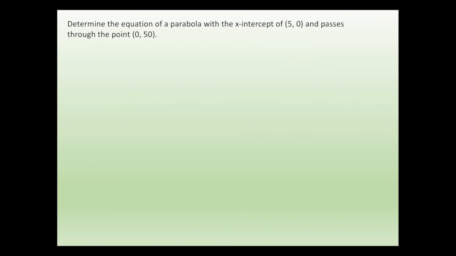One last example, this time no graphs. You're supposed to determine the equation of a parabola with the x-intercept of (5, 0) that passes through the point (0, 50). Here, you can see that this is only one root. So therefore, it is a perfect square. So y = a(x − 5)².